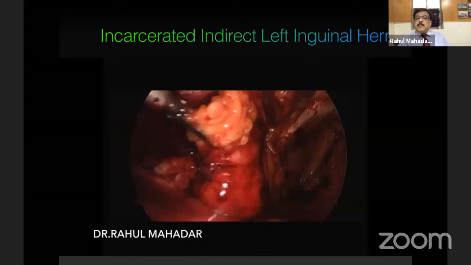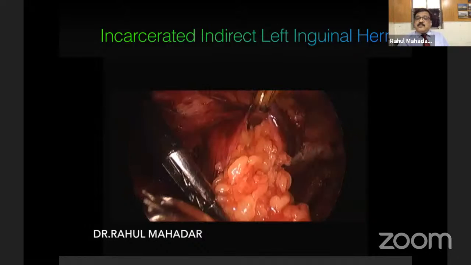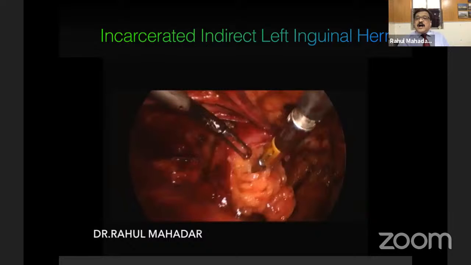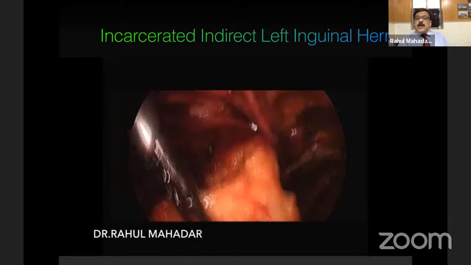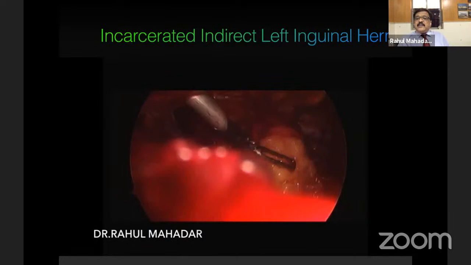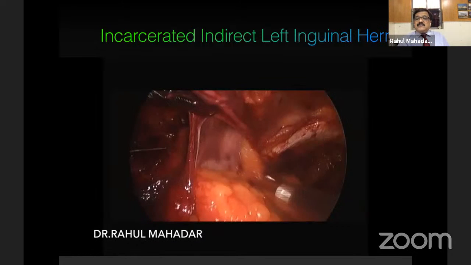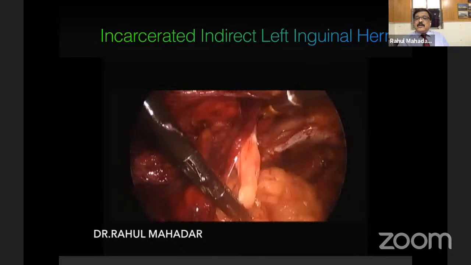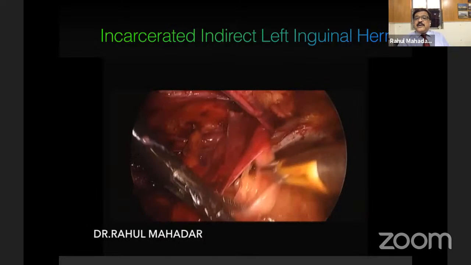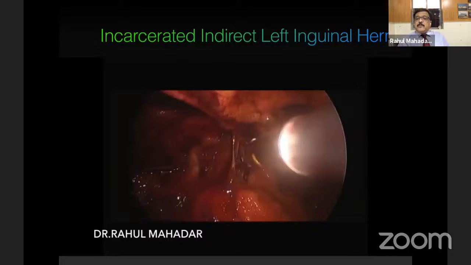Why? Because we have divided the posterior rectus sheath, and because of that, the peritoneum has gone down. Even though we have opened the peritoneum, we can still maintain the extraperitoneal space, and we take all the contents into the extraperitoneal space, deal with these contents, reduce them, and achieve hemostasis.